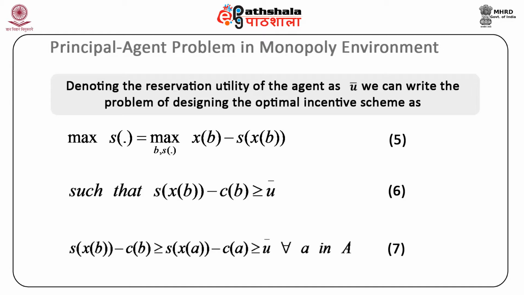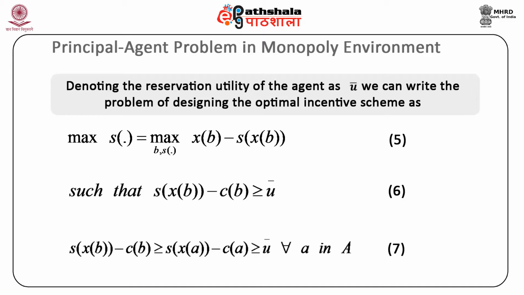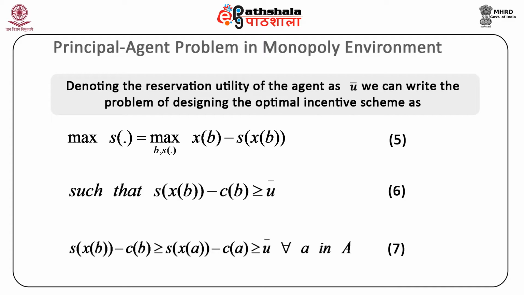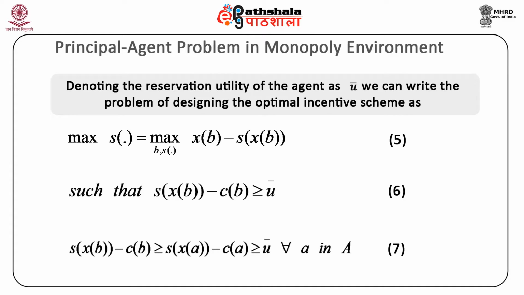The above optimization problem states two constraints. First, the participation constraint, and second, the incentive compatibility constraint. Condition 6 is the participation constraint, which is imposed upon the agent. Not to participate is one of the actions of the agent.